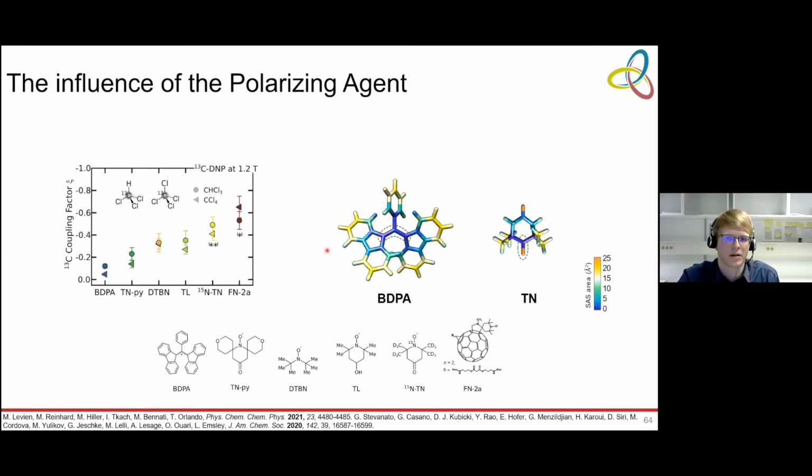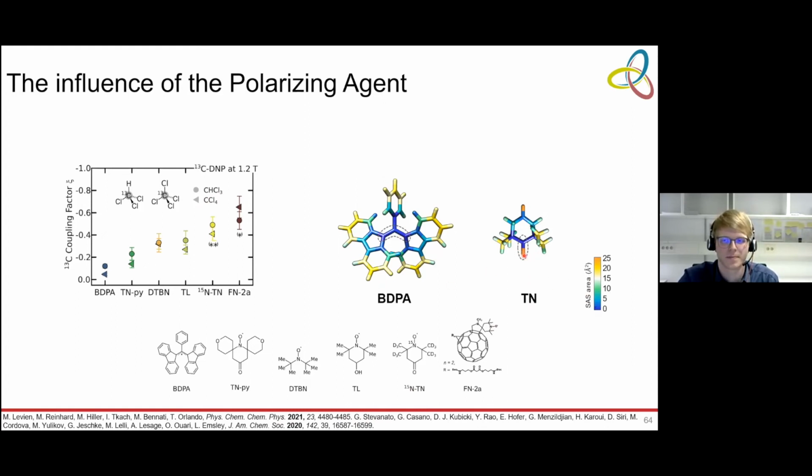We then also calculated the solvent accessible surface, which was also done rather recently by the group of Lyndon Emsley to investigate some solid state DNP. We did this for a comparison of all these radicals, particularly BDPA versus a nitroxide.